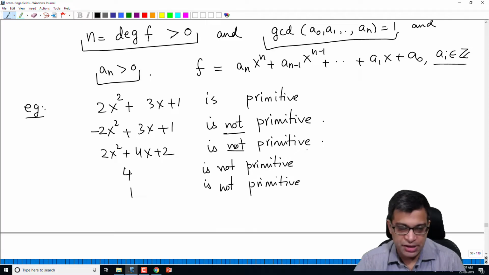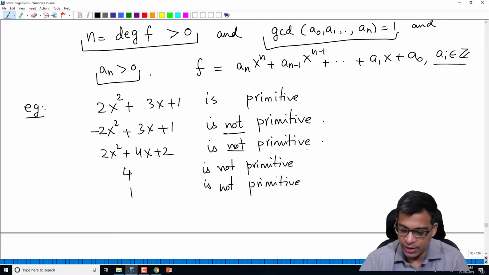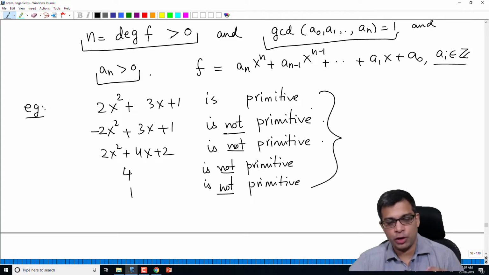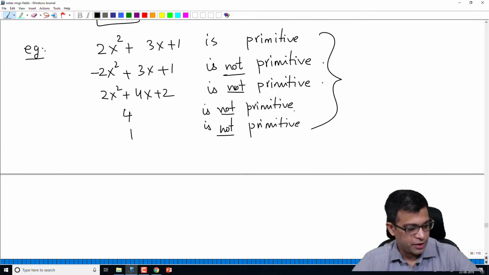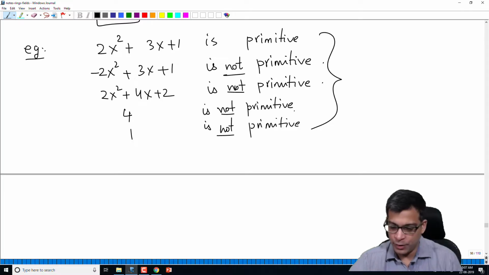Whereas 1, the GCD of the coefficients is 1, but the degree is not positive, so 1 is not primitive. So a primitive polynomial is nothing but a polynomial of positive degree with positive leading coefficient, and there is no common divisor for all the coefficients. Very simple, right? So that's what a primitive polynomial is.